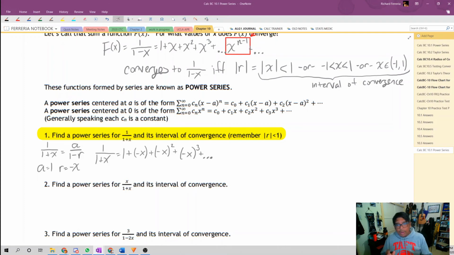So we've got 1 over 1 plus x equals 1 plus negative x plus negative x squared plus negative x cubed, which is the same thing as a plus ar plus ar squared plus ar cubed, by the way.